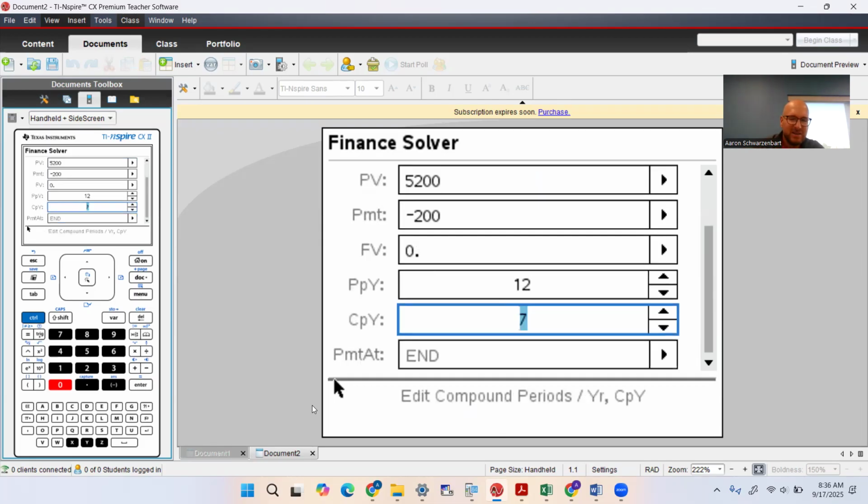Payment at end is how it wants. The last thing, go to the bottom. No, payment at end.